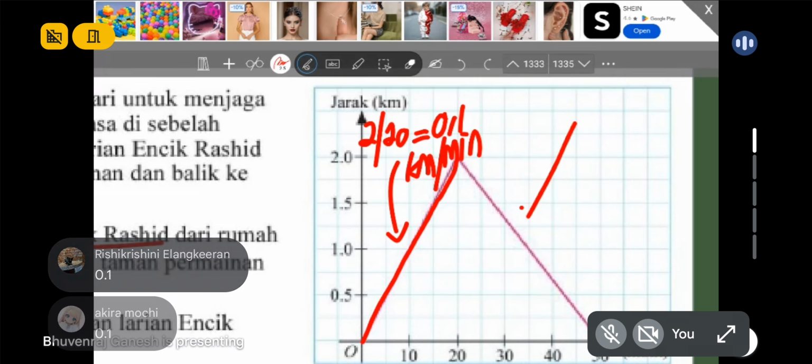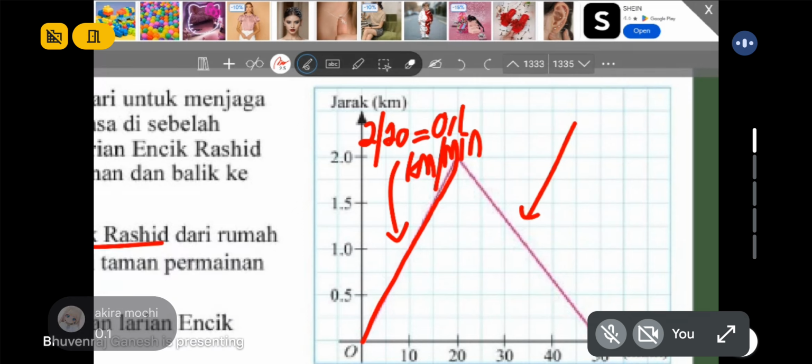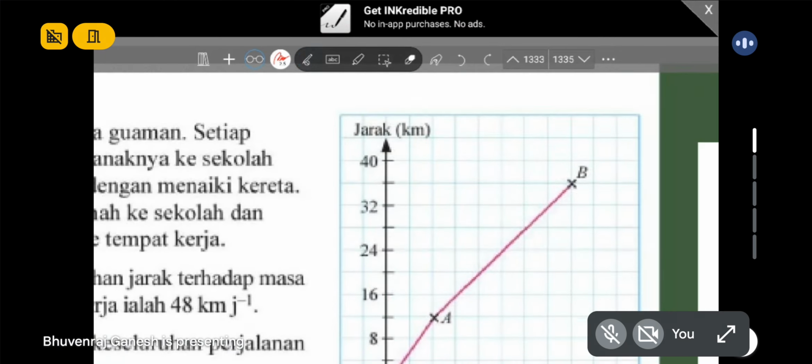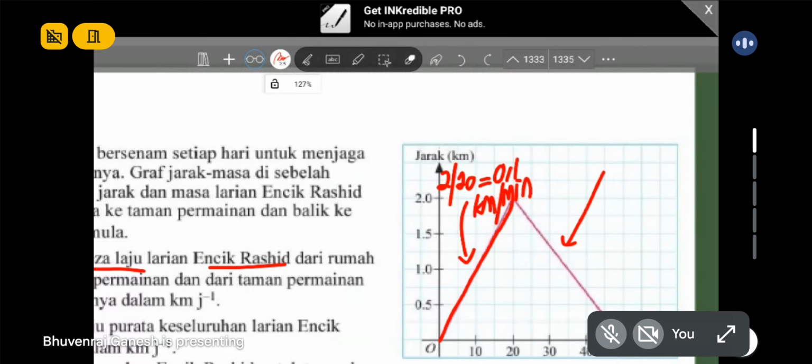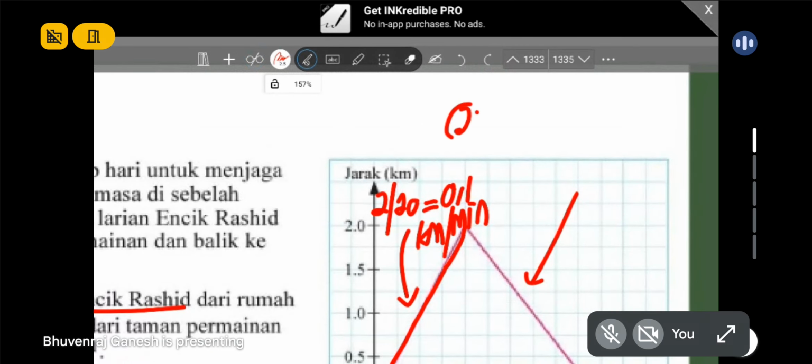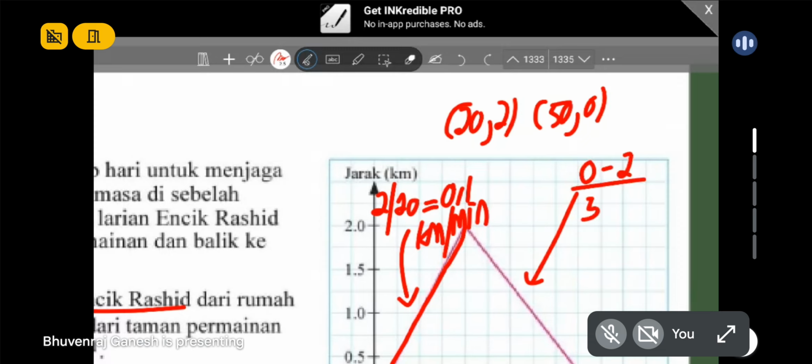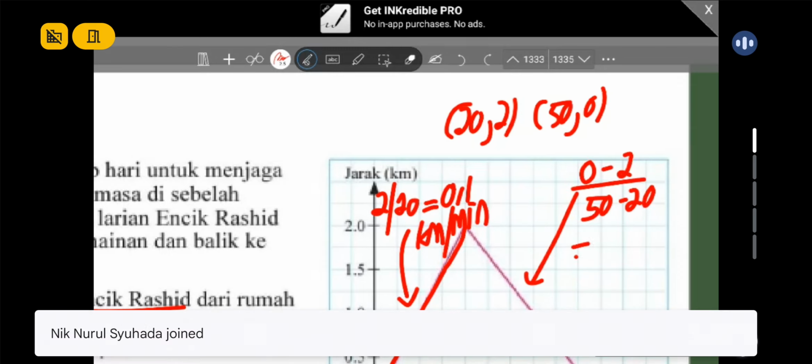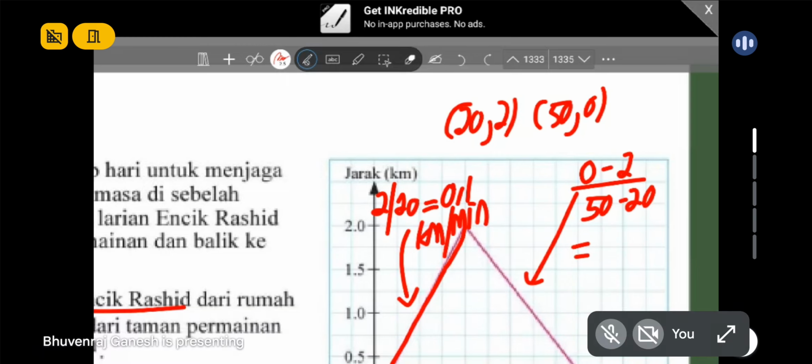Okay, and then this one, guys, what is the speed? This one you need to use formula. 22 and 50, 0. So you can use gradient. Cari kecerunan. So it's 0 minus 2 over 50 minus 20. So you will get negative 2 over 30. So the answer is negative 0.066.